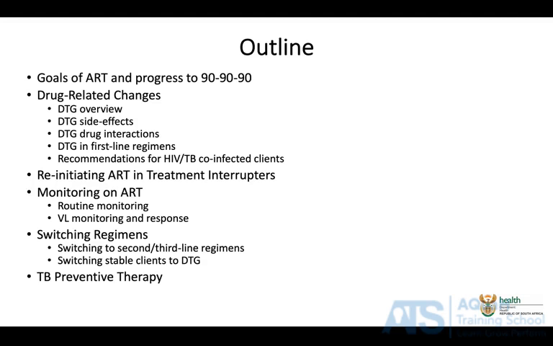We will then talk about the introduction of the new drug, dolutegravir, how to use it, when to use it, what are the things that we need to pay attention to, reinitiating patients who have interrupted treatment, and how best do we monitor patients who have started treatment, what happens if someone fails treatment, and what are the options for switching. And we will close this online training program by discussing TB preventative therapy.